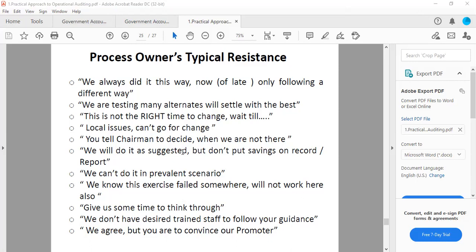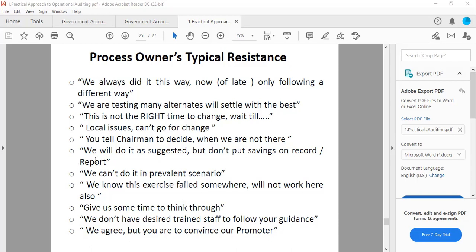So which alternative should we really choose? Third is this is not the right time to change. Wait till dot dot dot. So if something happens with local issues, we can't go for change. That's the fourth one. Then fifth is you tell the chairman to decide when we are not there. So tell the chairman what will be the decision.